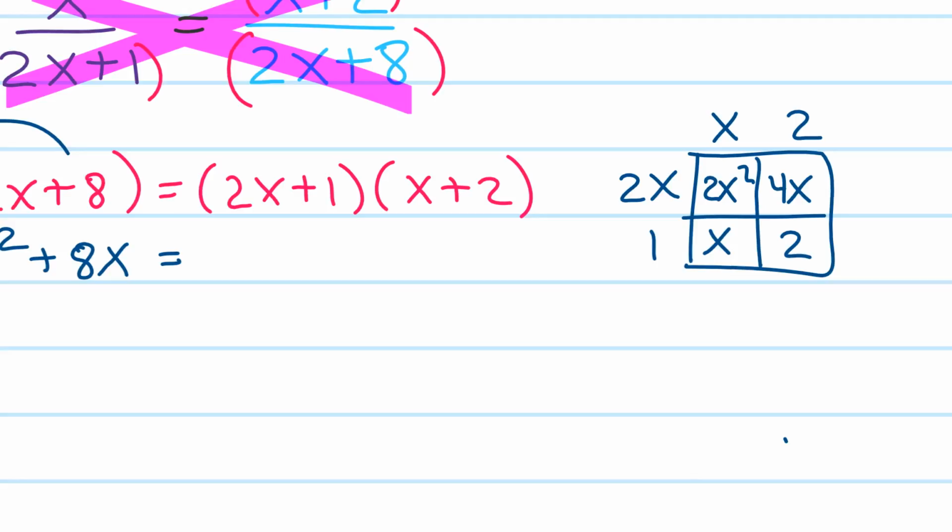X and x. Good. So, when I'm writing this out, what is my answer to multiplying these two polynomials together? 2x squared plus 5x plus 2. Good.